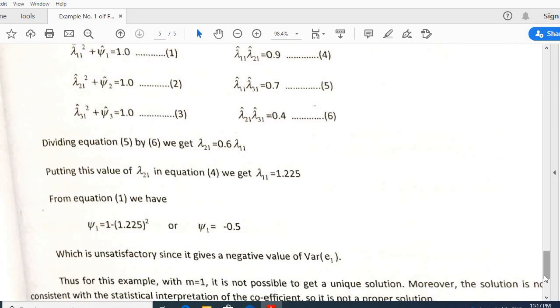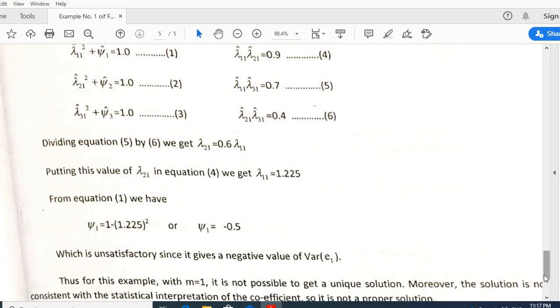Here is the problem, because psi is a variance, which is unsatisfactory since it gives a negative value of variance of the error term, that is the residual E1. Therefore variance of E1 is equal to minus 0.5, but the variance cannot become negative.